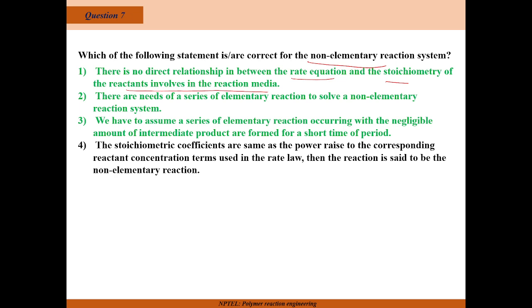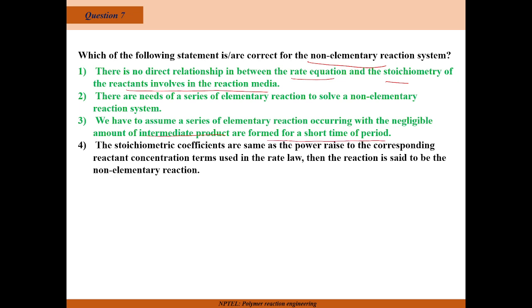And the last one is we have to assume a series of elementary reactions. This is similar to our previous one, but the major difference is that the reactions occur with a negligible amount of intermediate products, formed for a short time period.